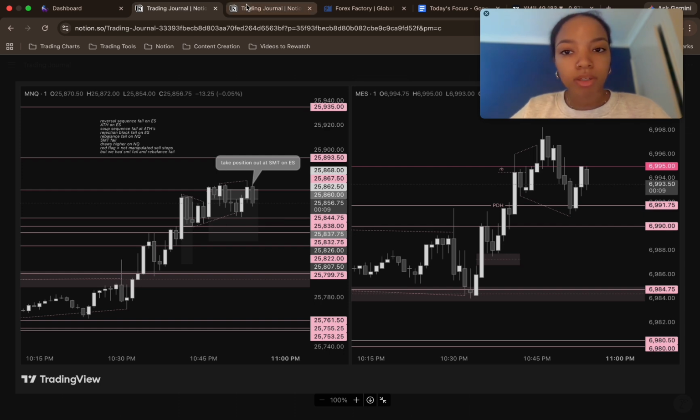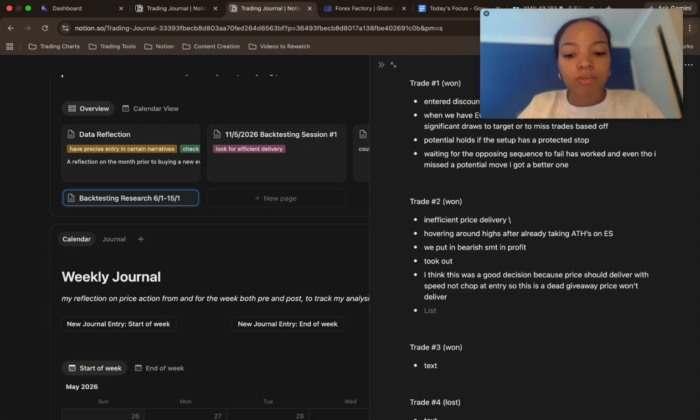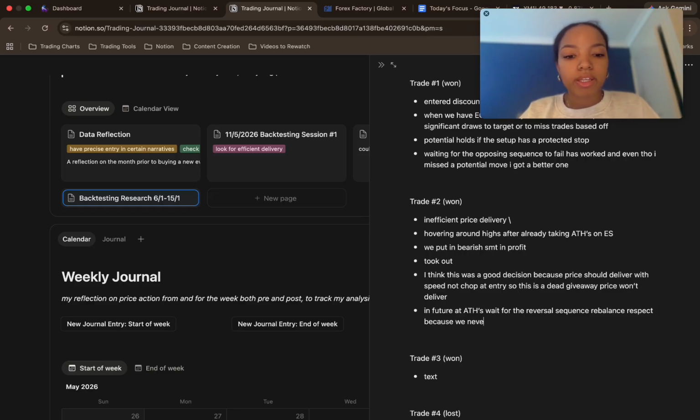It did work out a little bit on NQ, but I think in future at all-time highs, wait for the reversal sequence rebalance respect, because we never went higher on ES, so this is almost a lucky trade.